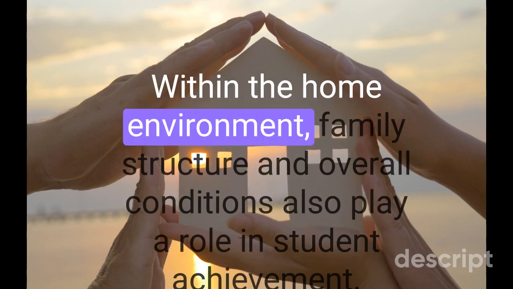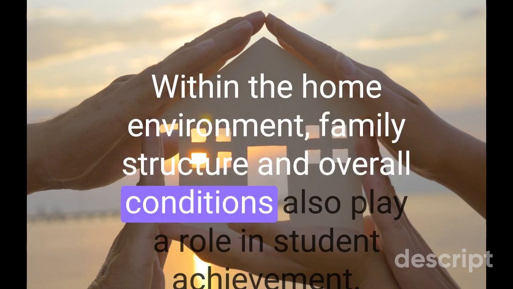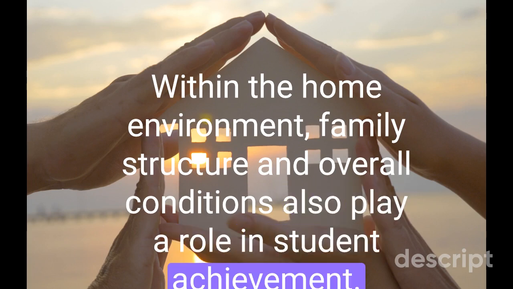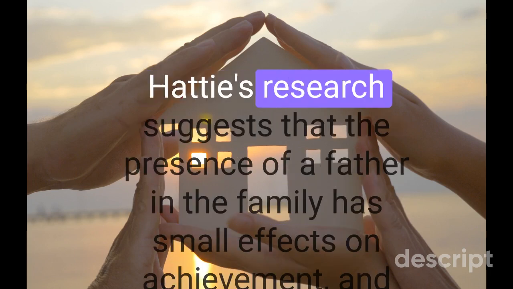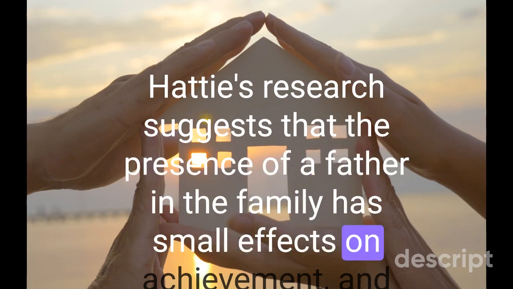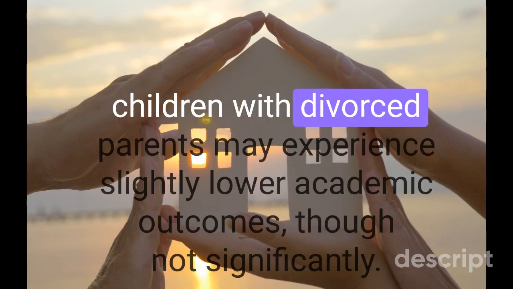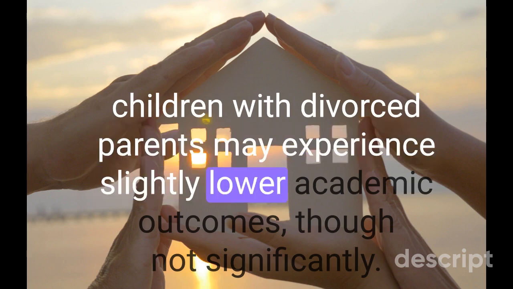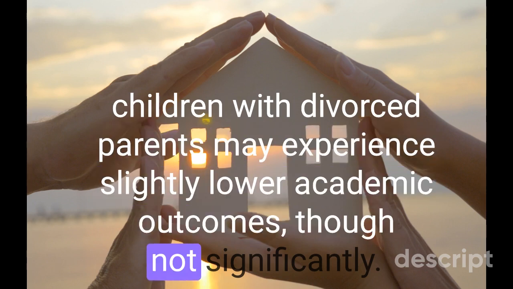Within the home environment, family structure and overall conditions also play a role in student achievement. Hattie's research suggests that the presence of a father in the family has small effects on achievement, and children with divorced parents may experience slightly lower academic outcomes, though not significantly.